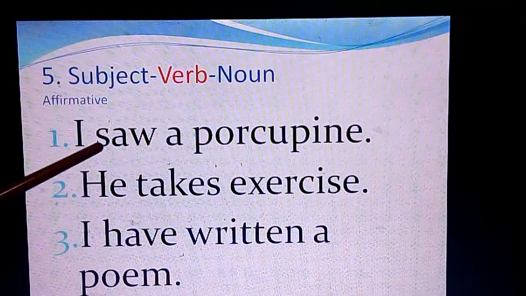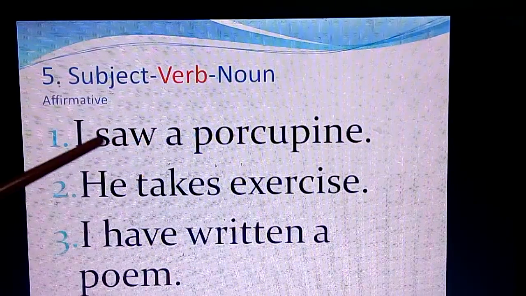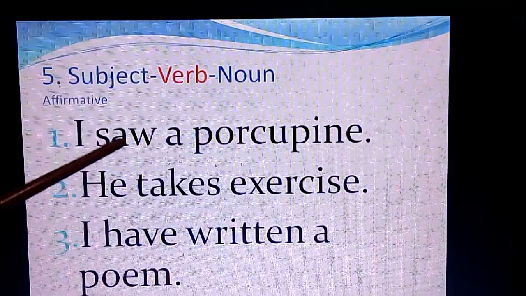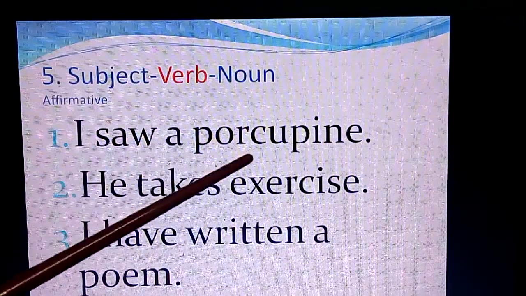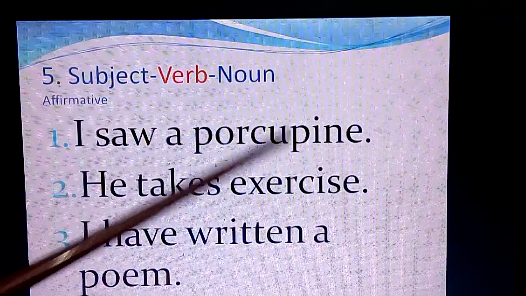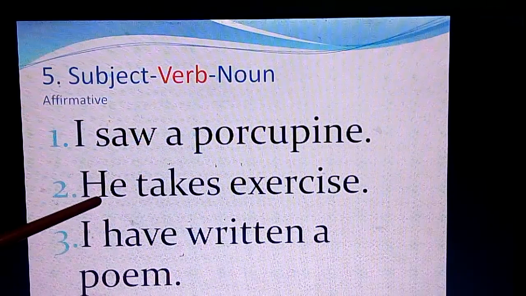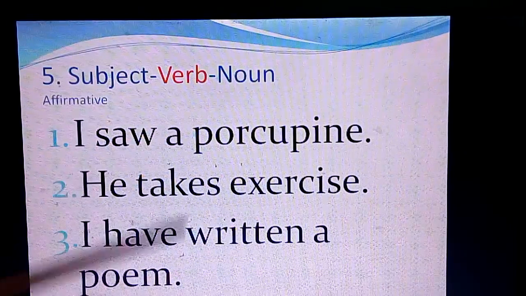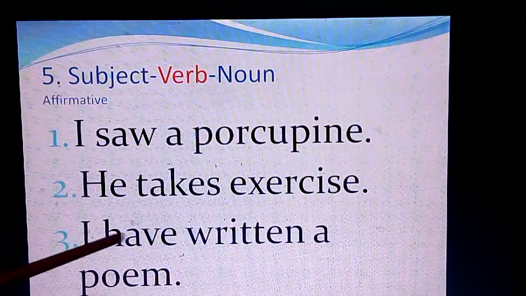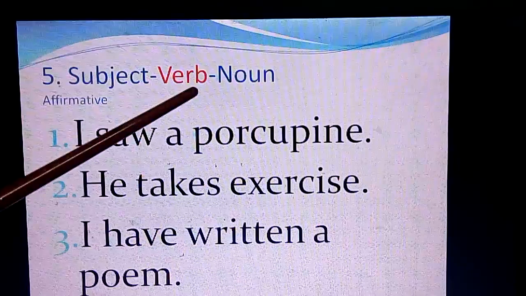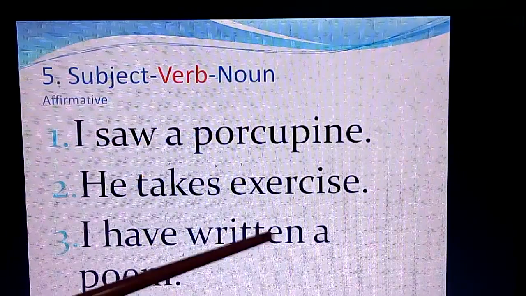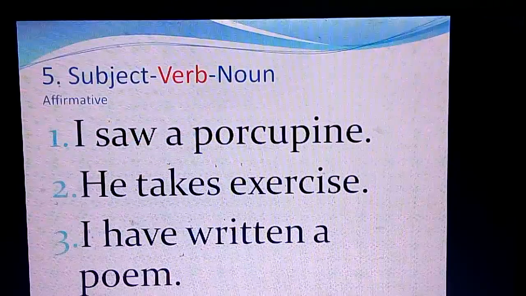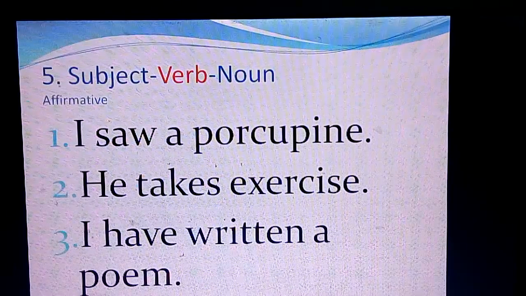In all these sentences you can see that I is subject, saw is verb, past tense of see, and a porcupine is noun. He is subject, takes is verb, exercise is noun. I is subject, have written is verb, and a poem is noun. So in this manner you can continue.